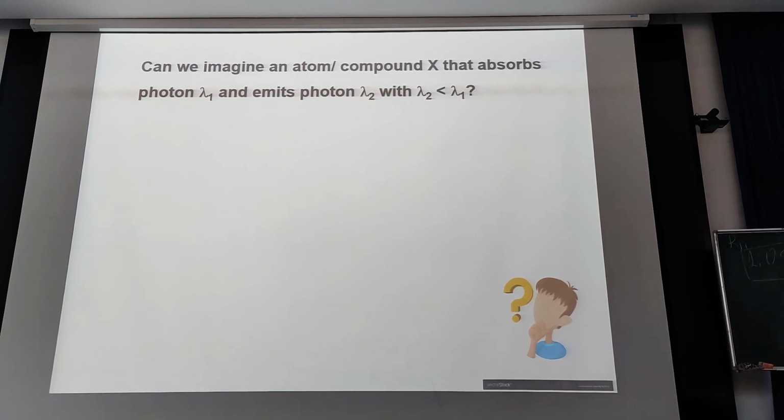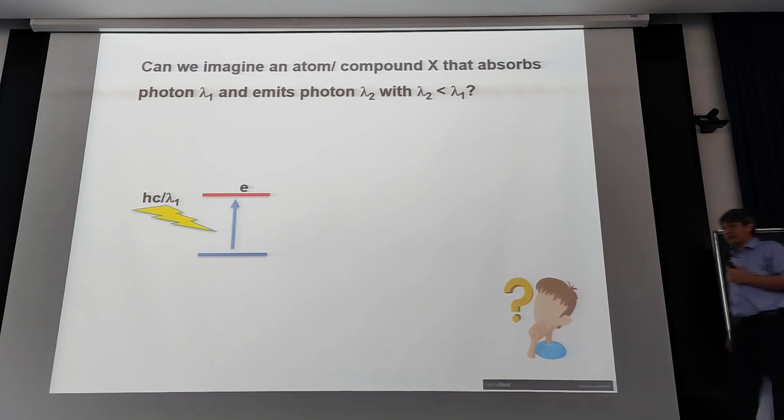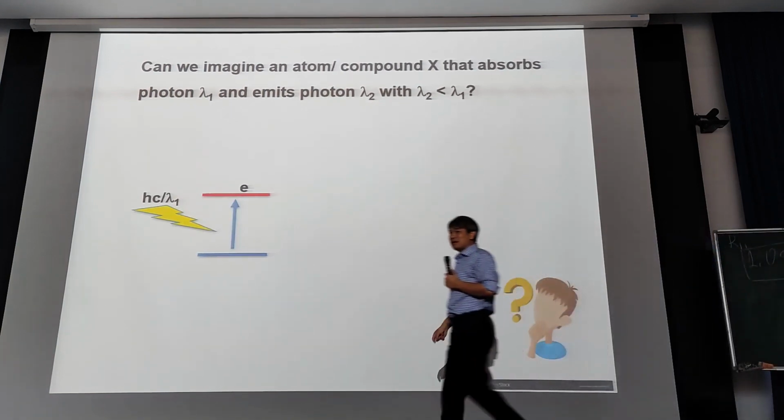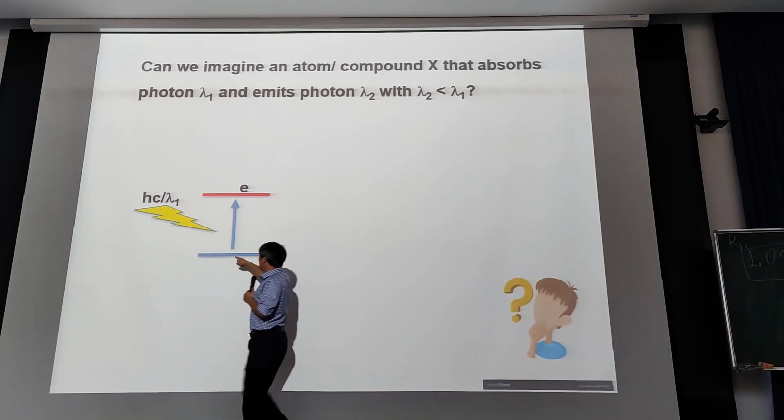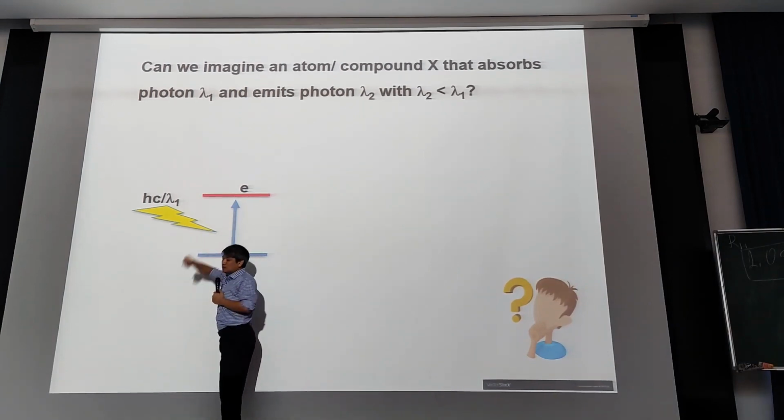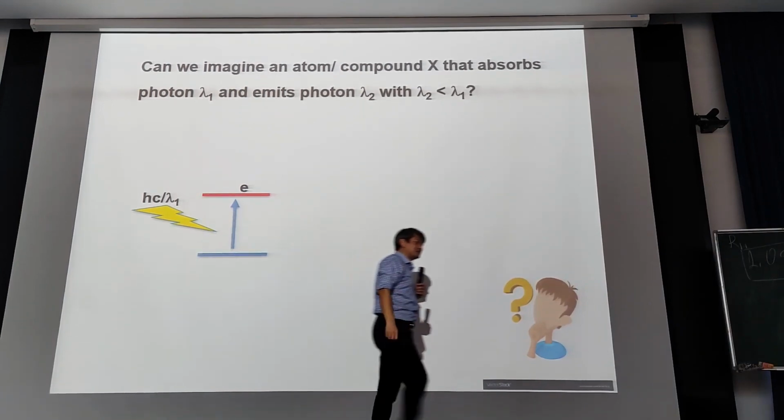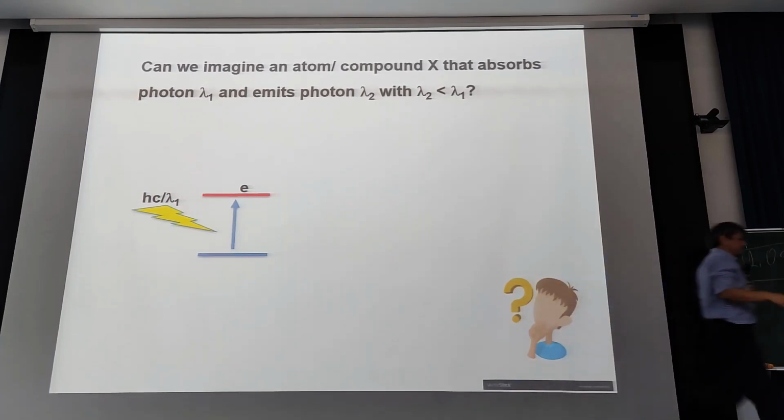Okay, so let's move on. Here is a diagram showing the energy absorption. Number one, you get the electron excited to the excited state at the higher energy level, right?